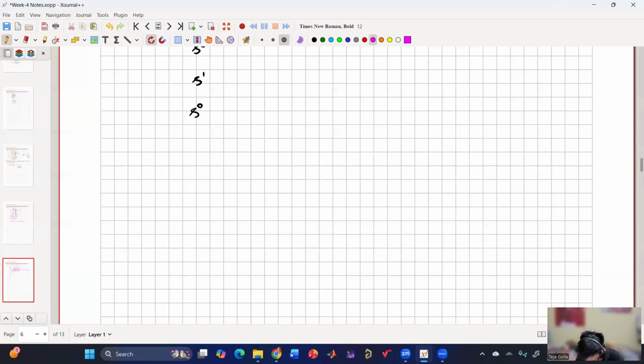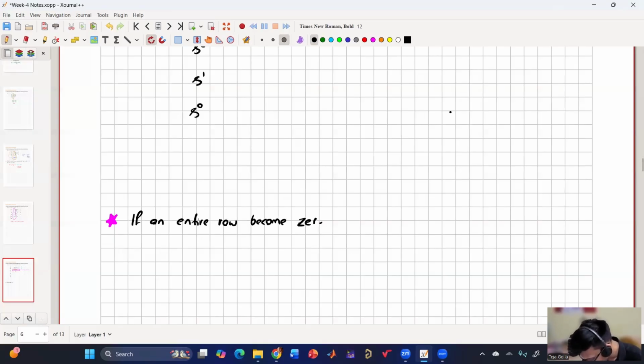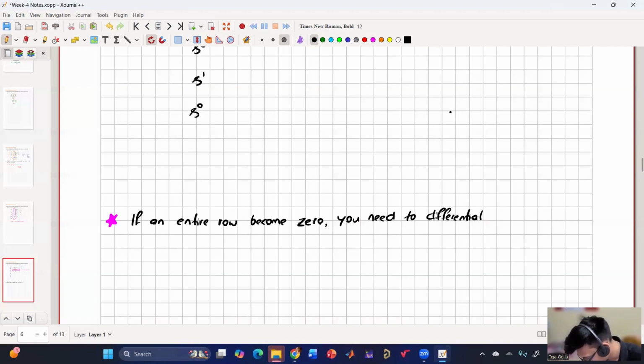So again, I'll write the special case we got. If an entire row becomes 0, then to get that row you need to differentiate the above row, and that above row is called the auxiliary polynomial.